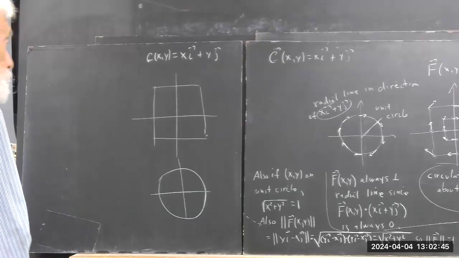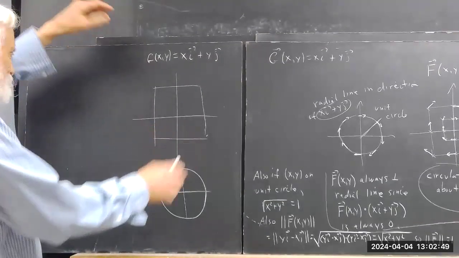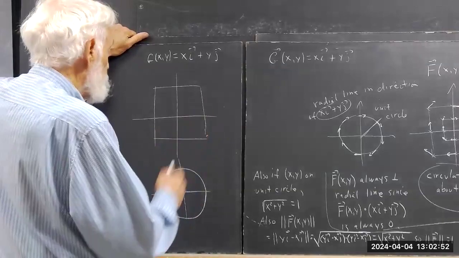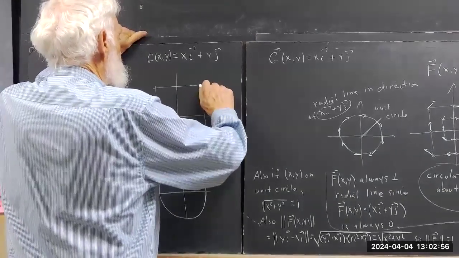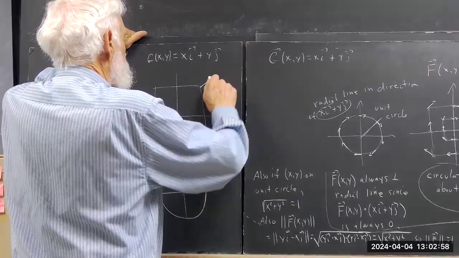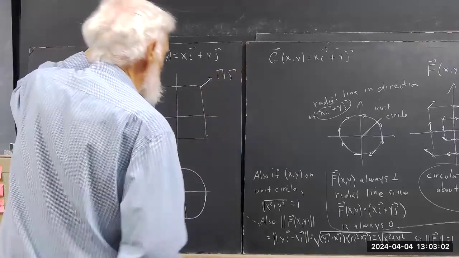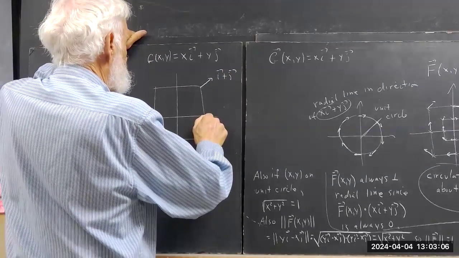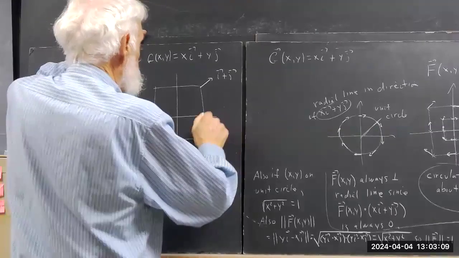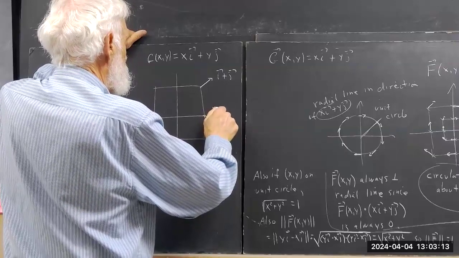So we're doing the same thing we did before, but with this function. Okay, so make a kind of sloppy square and a sloppy circle. If we have the point 1, 1, then we're going to get i plus j. If we have the point 1, 0, we just have i.